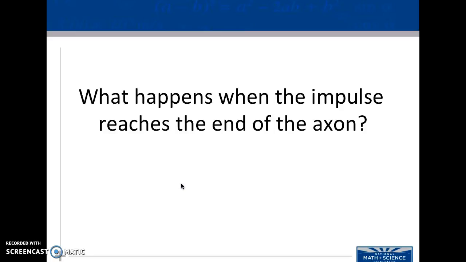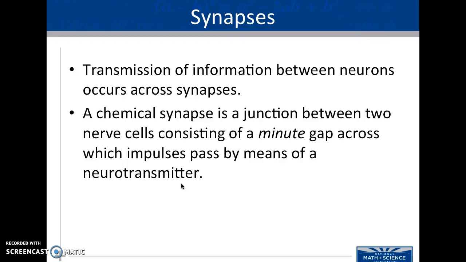So what happens after this message moves down the axon? There are many neurons lined up to send a message typically. And so the question is, how does the message jump from neuron to neuron before it arrives at its destination, whatever that might be?